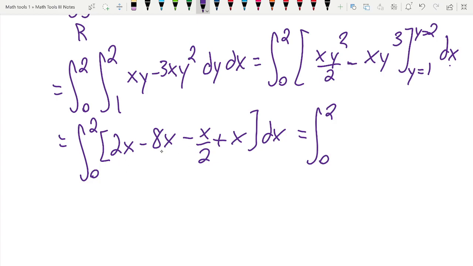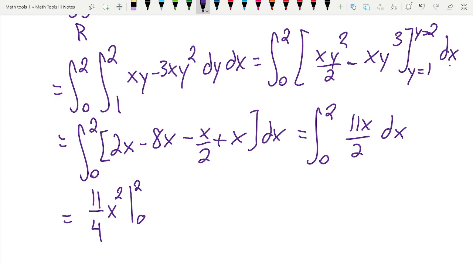That's going to be 3 minus 5x, and then minus a half x. So we're at 5.5, so like 11x over 2. Okay, and then when we integrate that, it's going to be 11 over 4 x squared from 0 to 2. And then that's going to be 11, and that's it.